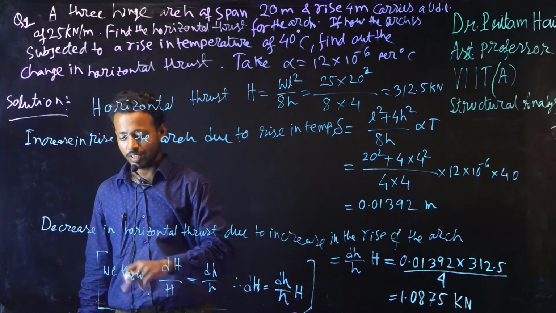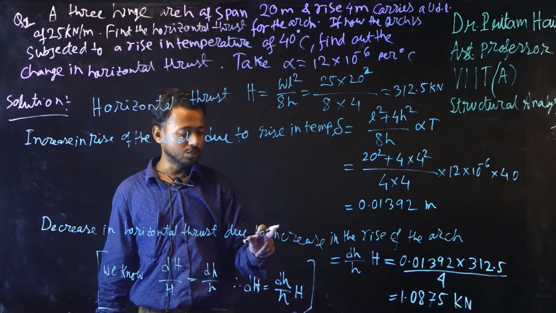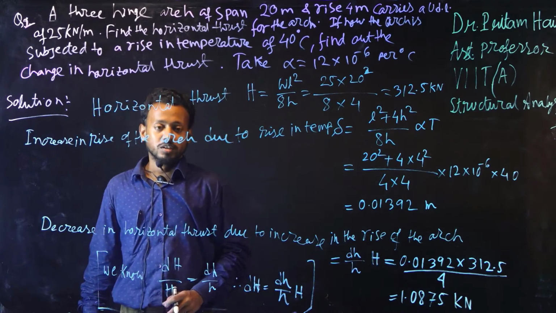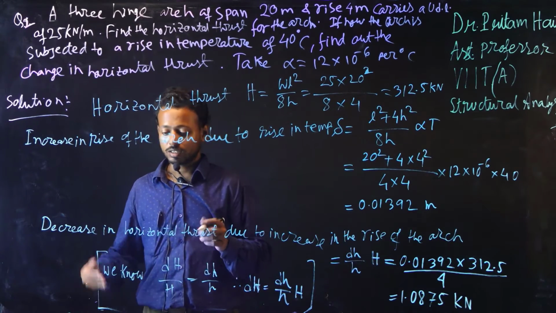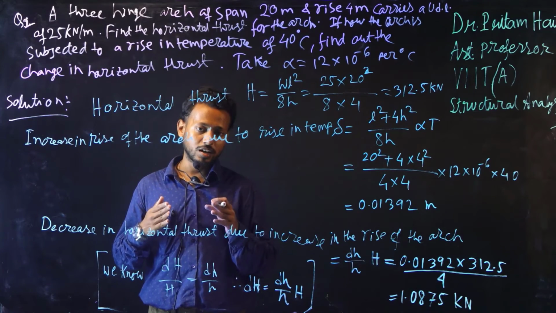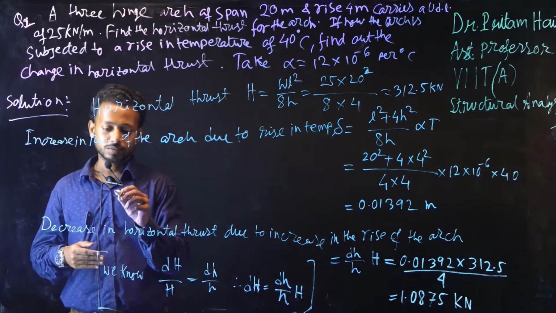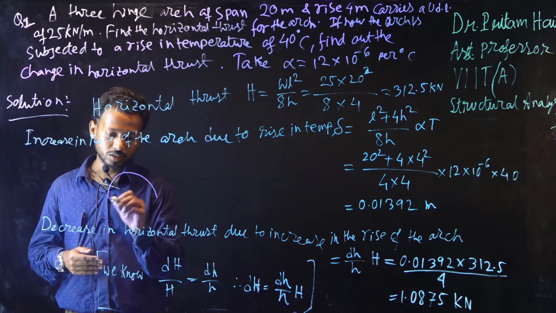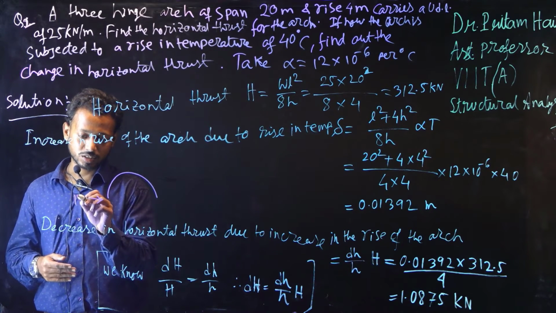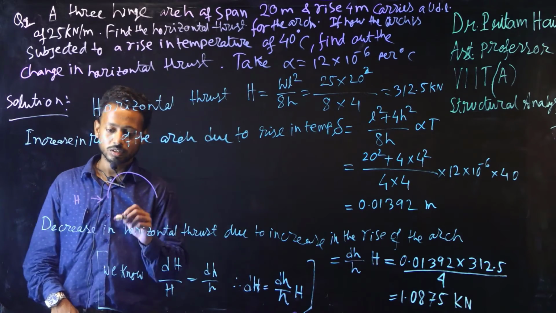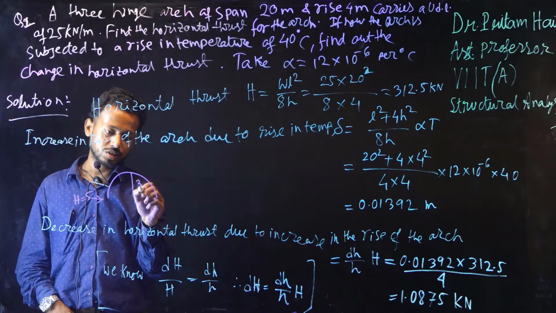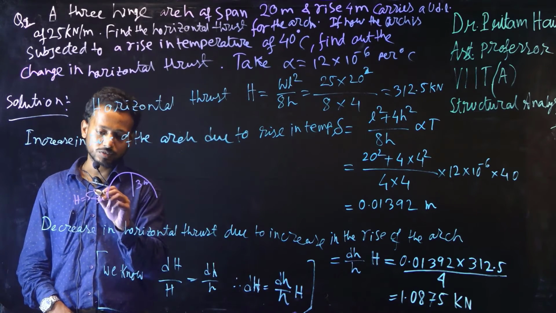Now decrease in horizontal thrust due to increase in the rise of the arch. That means once the rise of the arch increases, the horizontal thrust decreases. Okay, if you see here, the horizontal thrust is H. Suppose this is 5 and this is 3. Okay, 3 meter and this is 5 kilonewton.